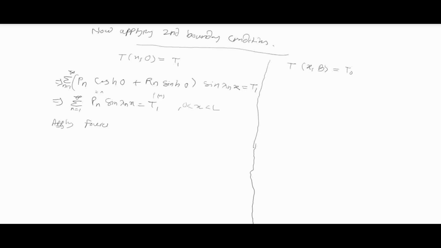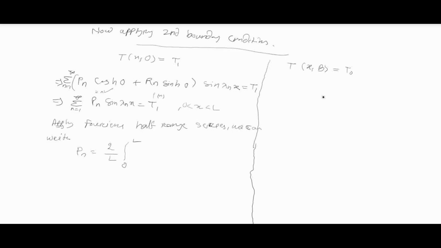applying Fourier's half range series, we can write Bn, in this case Pn, is equal to 2 by L integration, limit 0 to L, and what is there?